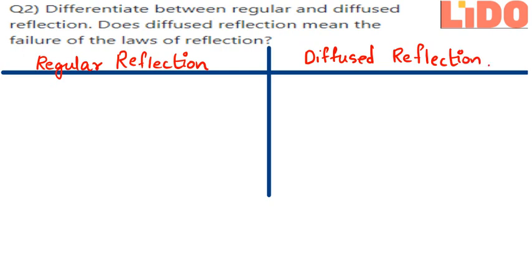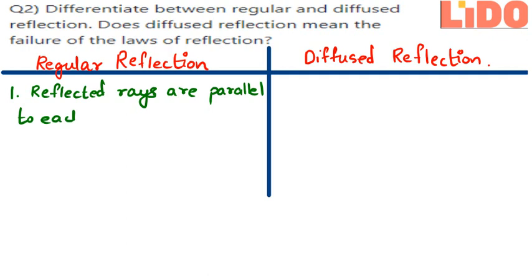So the first one is that in regular reflection, reflected rays are parallel to each other. Whereas in diffused reflection, the reflected rays are not parallel to each other.